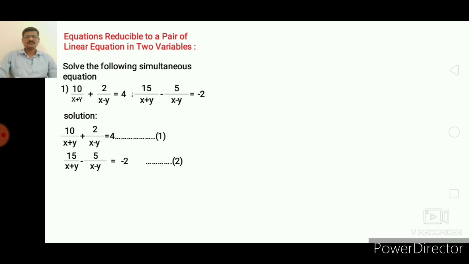An equation which contains two variables and the degree of each term is 1 is called a linear equation in two variables. The given example is not a linear equation in two variables. Convert the non-linear equation into a linear equation by substituting new variables in the given non-linear equations.